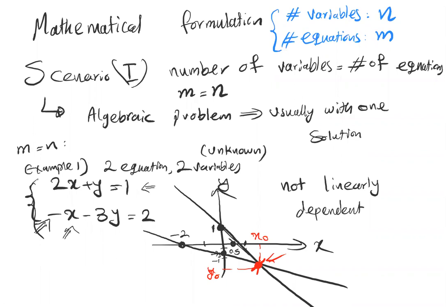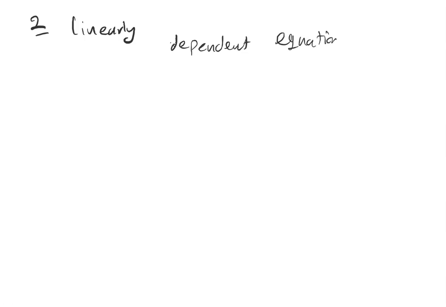Now let's take a look at another example, where we are still in scenario 1, where the two equations are linearly dependent. Two linearly dependent equations, two unknown variables.